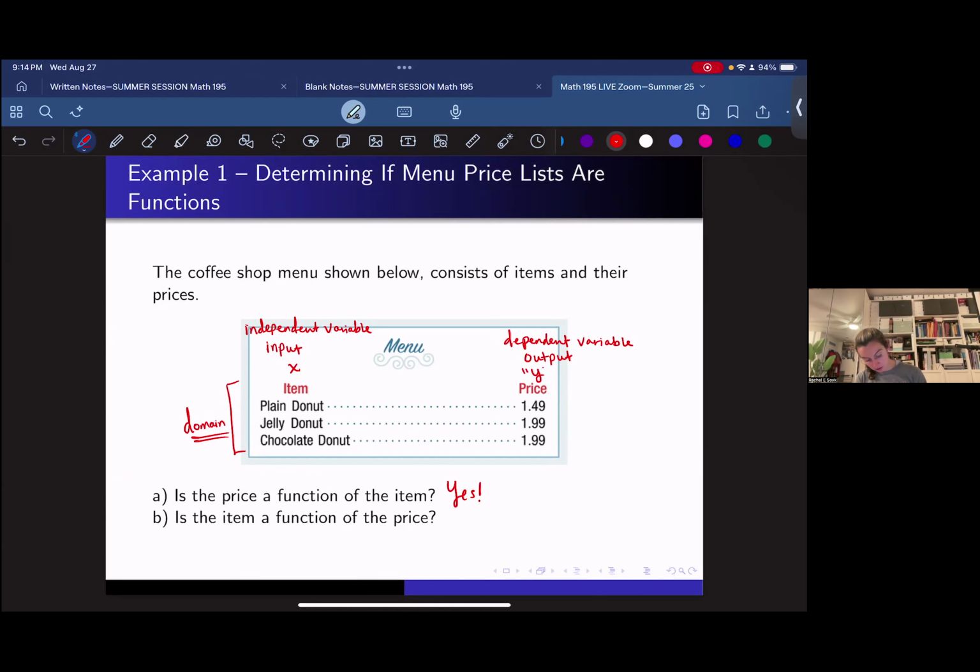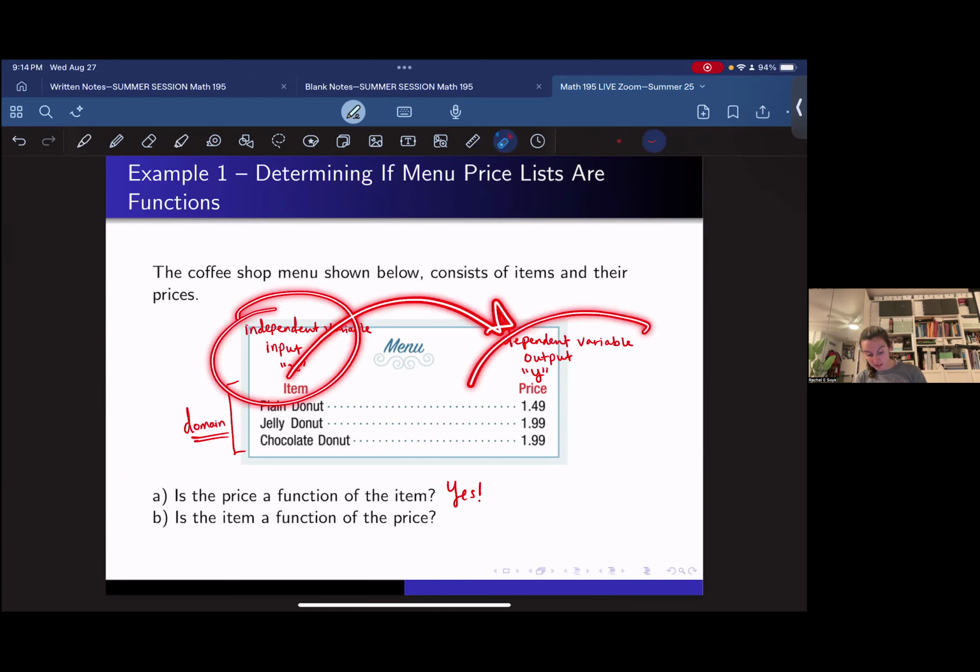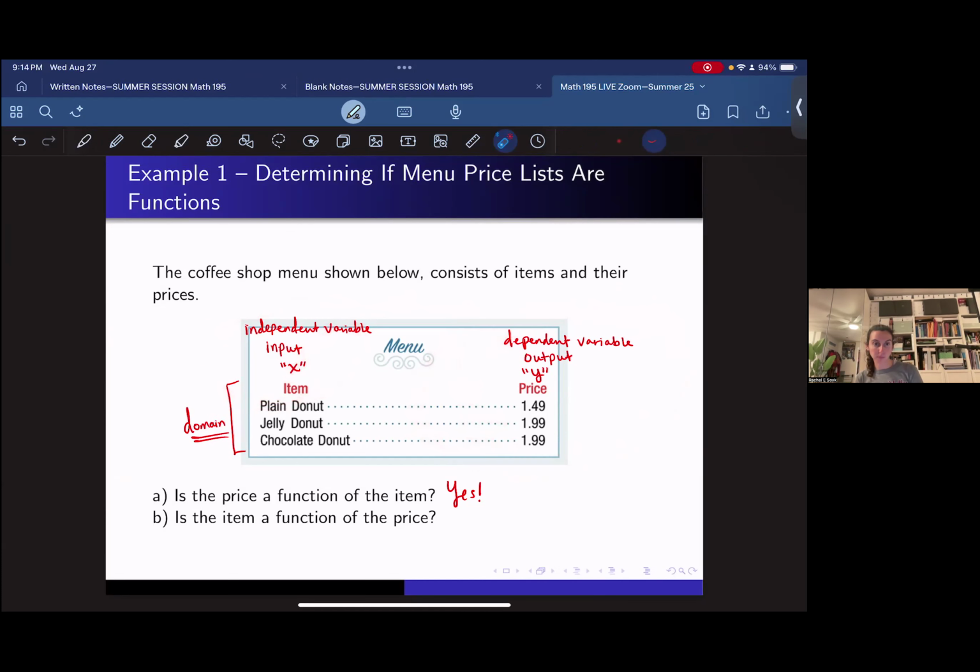And when you plug in our input into our function, we get our price. So the item is not a function of the price. The price is a function of the item. Again, these are all of our possible output values representing our range.